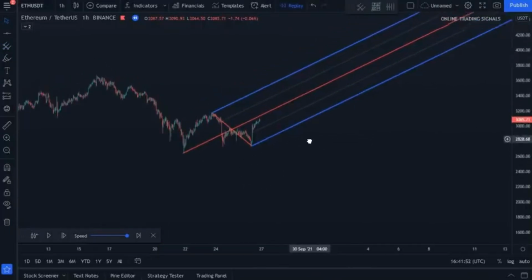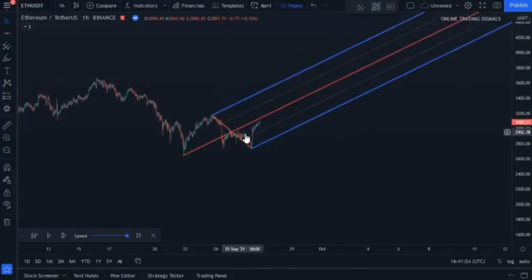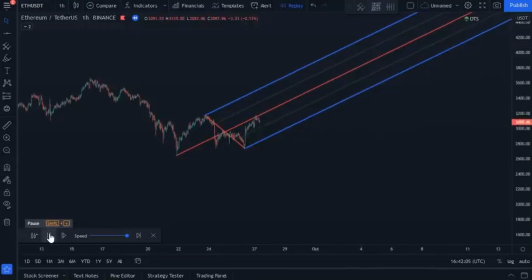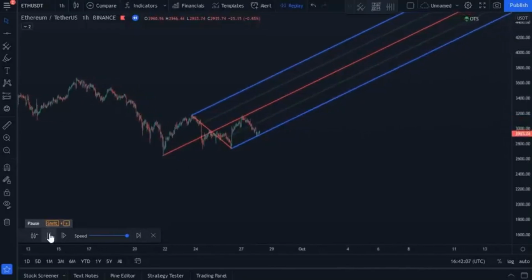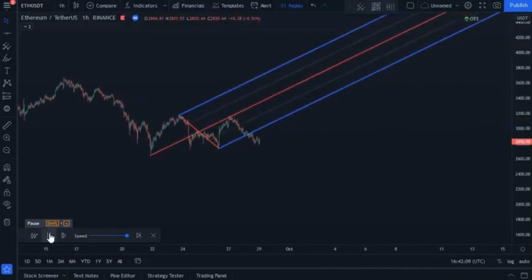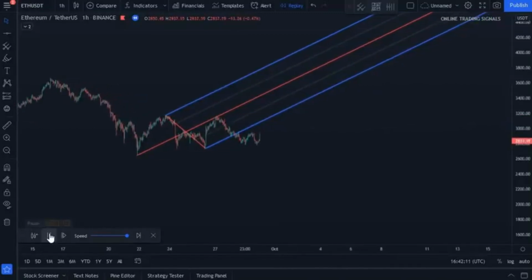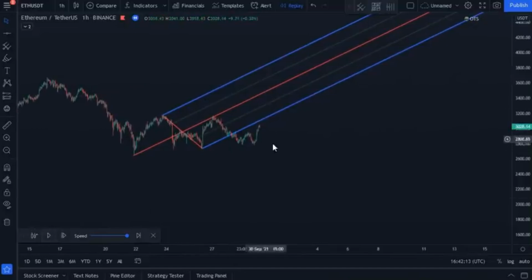At first glance, it looks good, but this is not true. 5 days is not good for collecting enough data on the trend movement. Well, let's play and see what happens. As you can see, the trend came out of the pitchfork lines quickly, and it couldn't carry it more than a few hours.